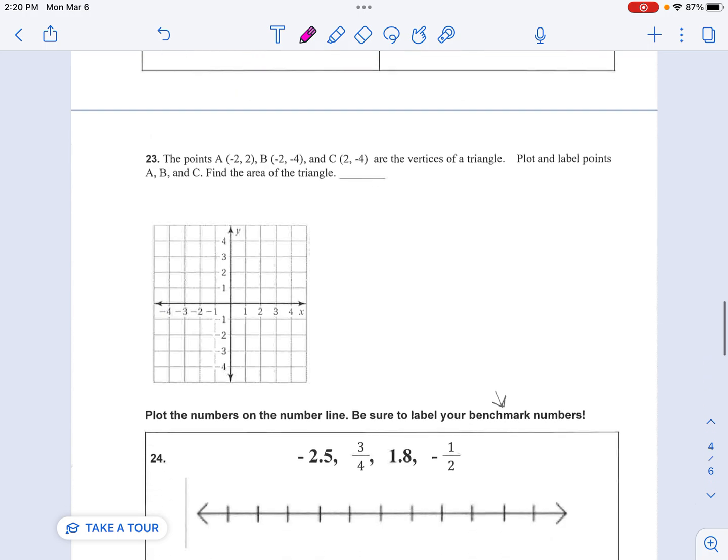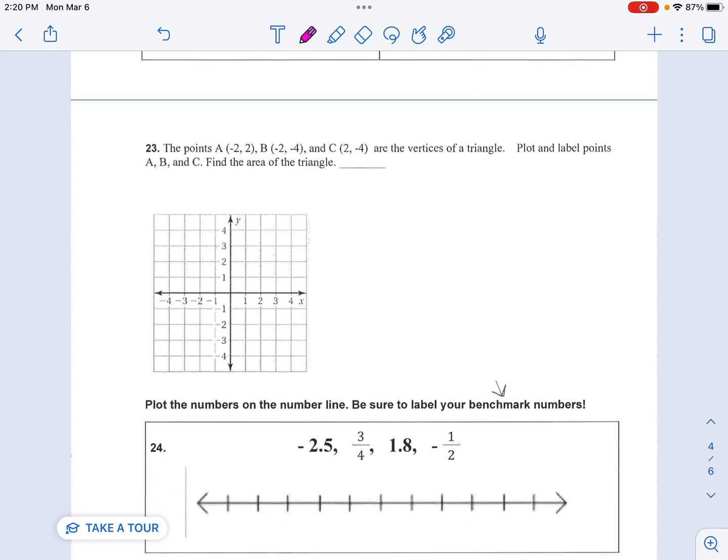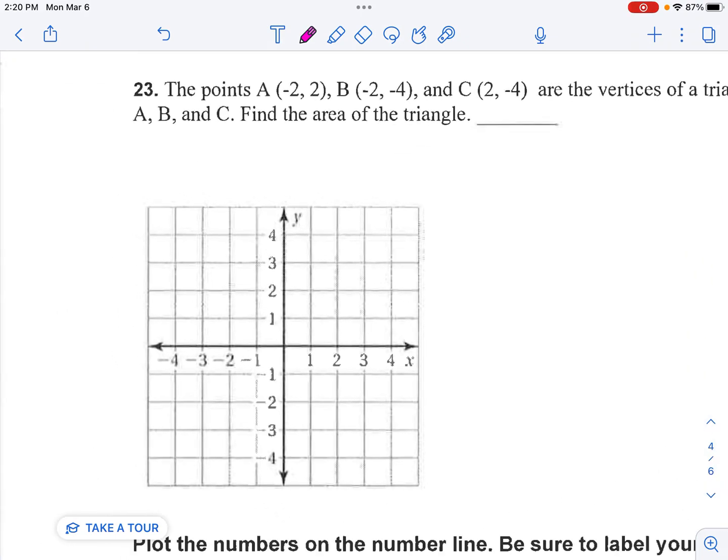Okay, next page. The points A, B, C are the vertices of a triangle. Plot and label the points, and then find the area. A is at (-2, 2): left 2, positive 2 would go up 2. We're labeling that A. B is at (-2, -4): left 2, down 4.